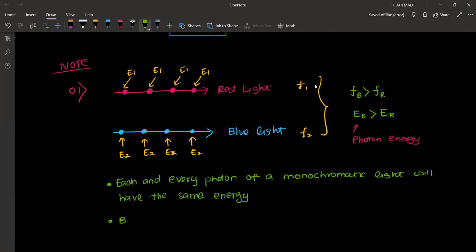But different colors will have different photon energy.